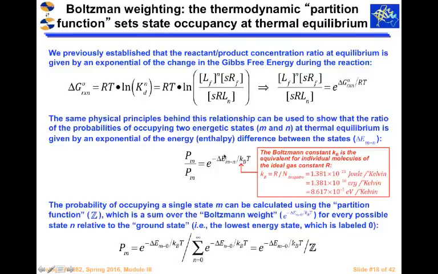Down here, when we get to the molecular level and we look at Boltzmann weighting in the partition function, we see that the relative probability of occupancy of two states is scaled by this Boltzmann weighting factor, which is e to the negative energy difference divided by kT. Over here we had e to the free energy difference divided by RT, but R is just kB times Avogadro's number, right?